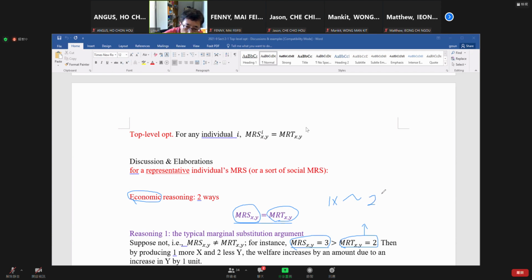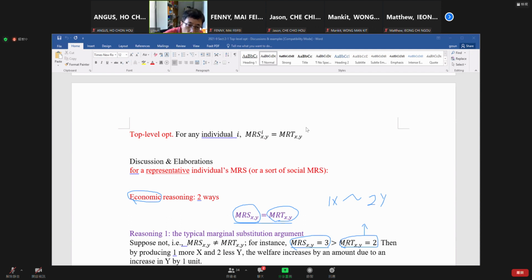What does that mean? That means we can produce one more X, and at the same time we must produce 2 less Y. We increase X by 1, decrease Y by 2. So that's what we can do in production.